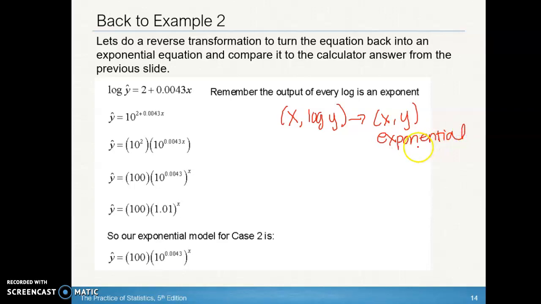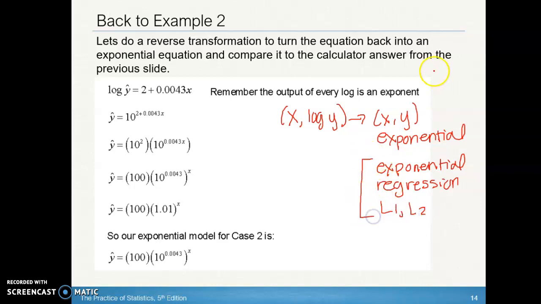So in order to get the exponential equation, all you have to do is perform on your calculator an exponential regression, the same place you got linear regression, only you're going to do an exponential regression, and you're going to do it on list 1 and list 2 because x and y were list 1 and list 2, and we knew they were exponential.